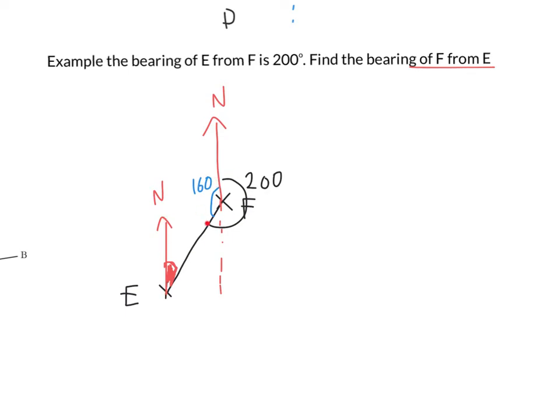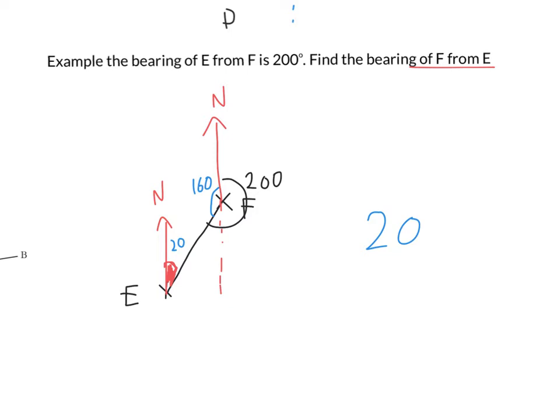And then this shape, like a C, if you turn it around, they're called interior angles. And interior angles should add up to 180, if you can remember from second year. And that makes this angle in here 20, so that they add up to 180. The bearing then is 20 degrees.